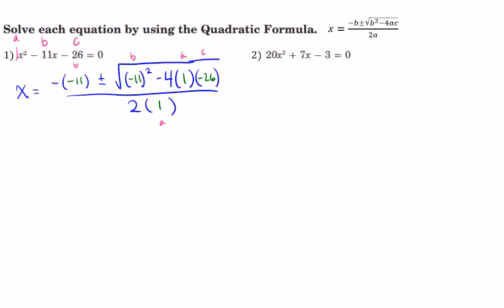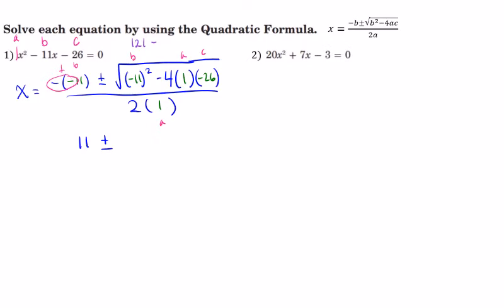And then from there, we're just going to do some PEMDAS, right? So negative, negative, that becomes a positive. So I'm just going to bring down positive 11 right here, plus or minus. And I'm going to do what's inside the parentheses here. You can plug that whole thing in your calculator if you want to. So 11 squared, we'll do some mental math here up on the top. 11 squared is 121, and then negative 4 times 1 is negative 4.